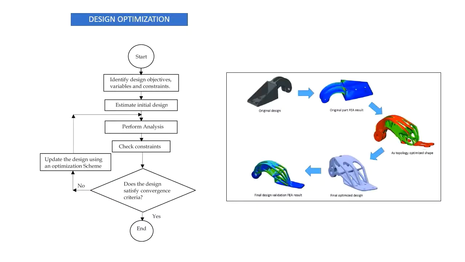So let's first see what the design optimization methodology is. When we start something, we identify some design objectives, like variables and constraints. If we have a rectangular part, my variables can be its breadth and height, and constraints can be that my breadth should be less than say 100 mm and height should be less than say 50 mm.